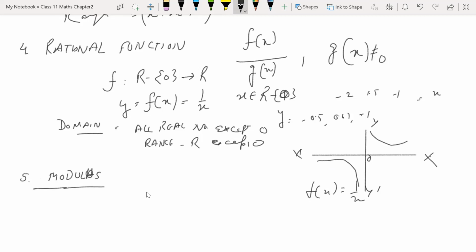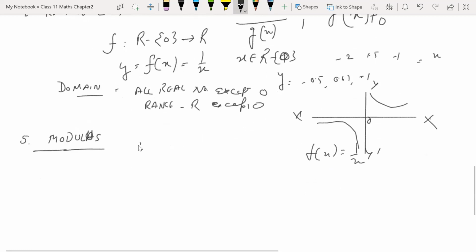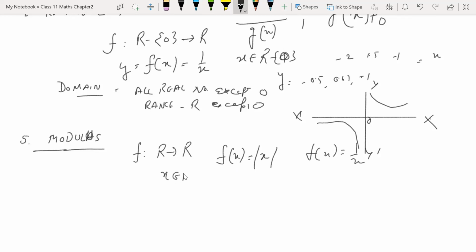The function from the set of real numbers to real numbers is defined by f(x) is equal to |x| for each x belongs to R, and is called a modulus function.